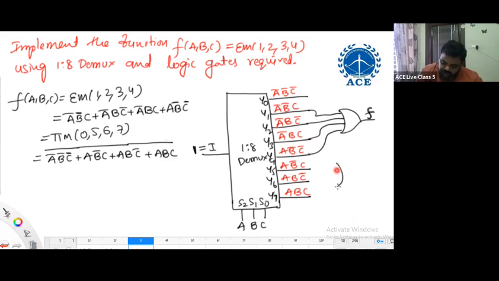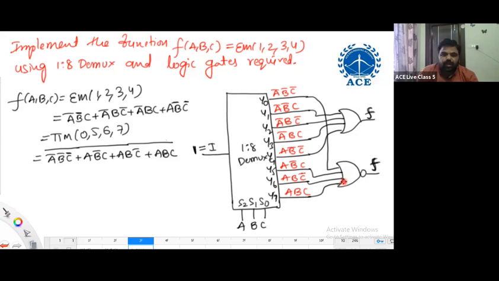So I can implement the same using a NOR gate with 0, 5, 6, 7, F. Right? So there is a way we can implement the required function we have implemented.